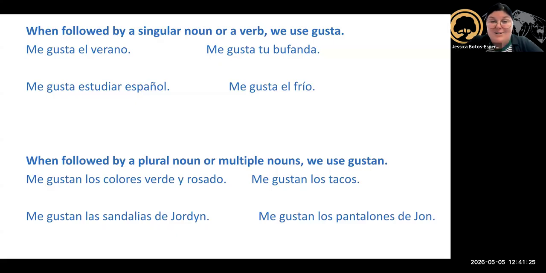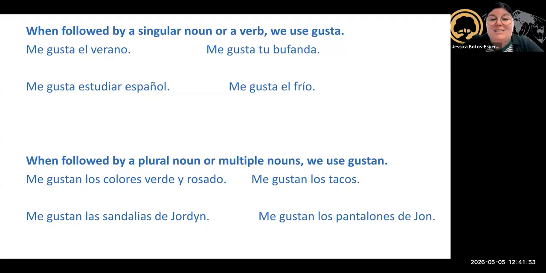Me gustan los tacos. We saw this example earlier. Los tacos is plural, so we're going to use gustan. And me gustan los pantalones de John. I like John's pants. Pantalones is plural, so we use gustan. One thing that you'll also notice is that after the verb gustar, if we're following it with a noun, we will need to use the article el, la, los, or las.